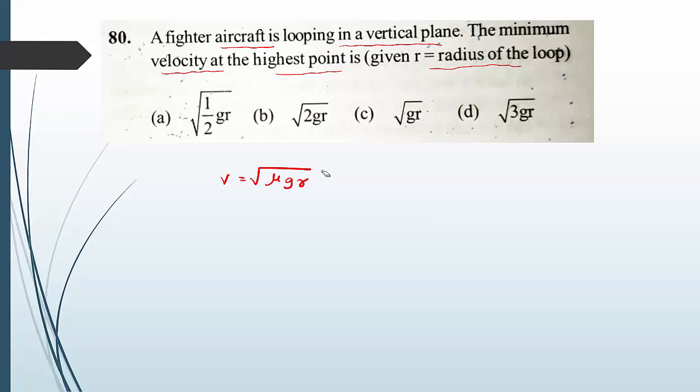So when it is moving in a vertical plane, means it is moving around the loop, almost the mu value is negligible because friction is very less. So directly we can write the equation g into r. This equation you have to remember, v equal to square root of g into r, mu is neglected. So square root of g into r, it means we go for option C.